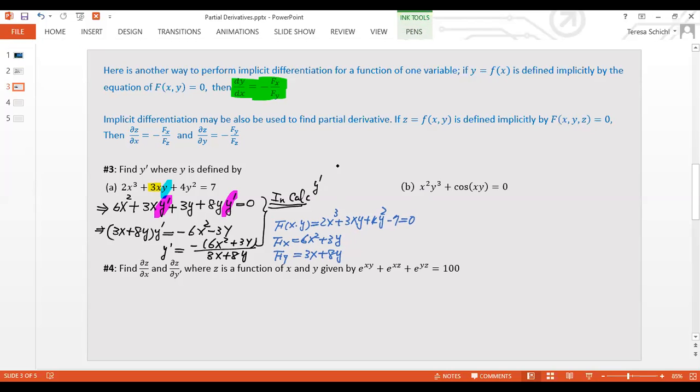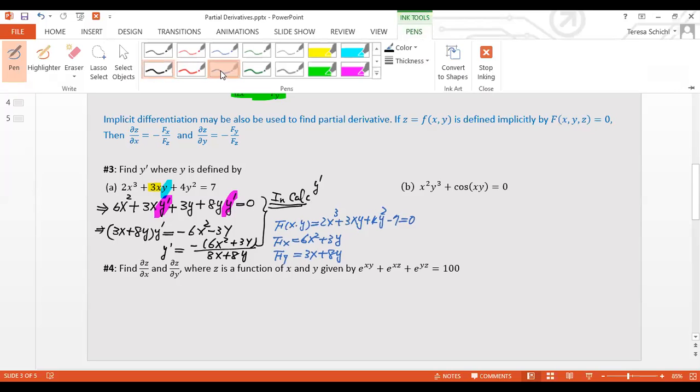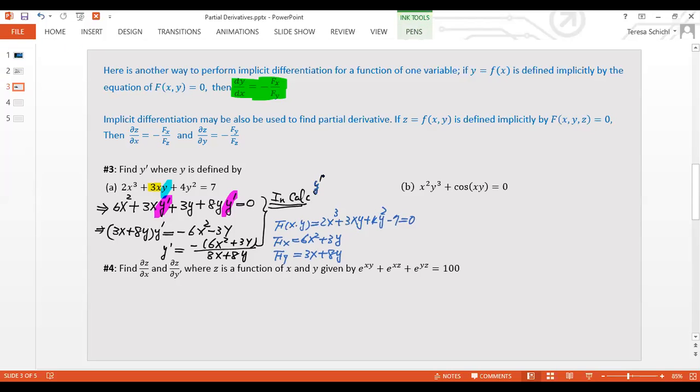So what is my y prime here? The y prime will just be f of x over f of y, so this is 6x squared plus 3y over 3x plus ay, then you put a negative sign. That's what this formula tells you. It's a lot easier, and the chance of making an error is less here.